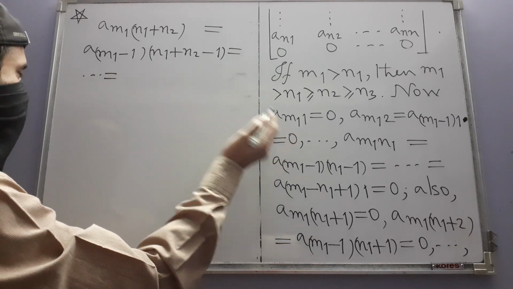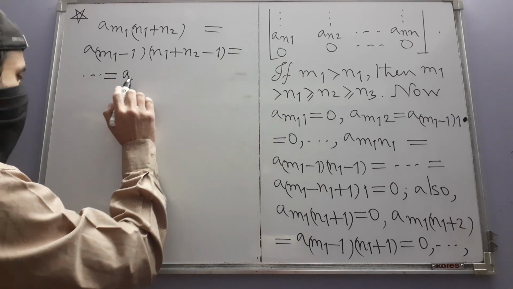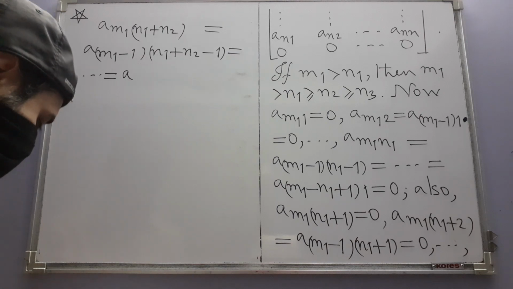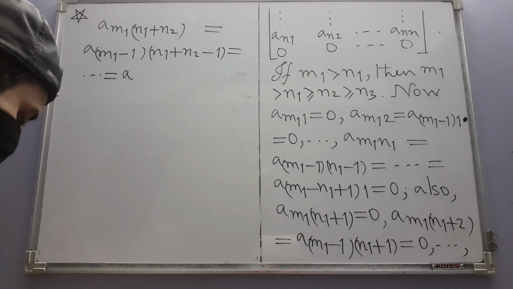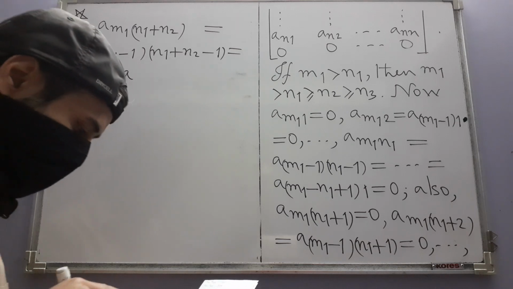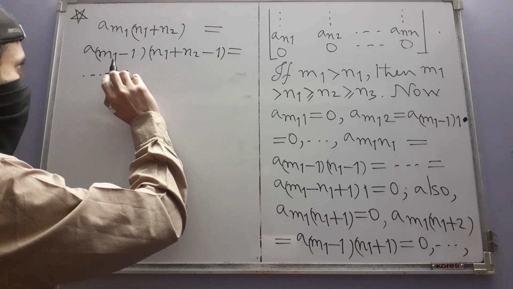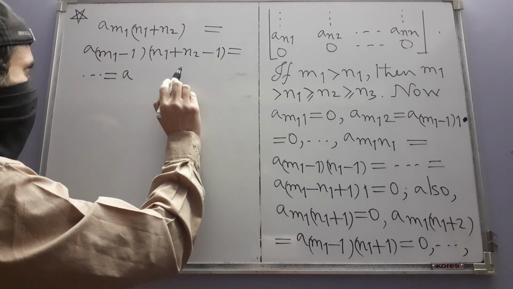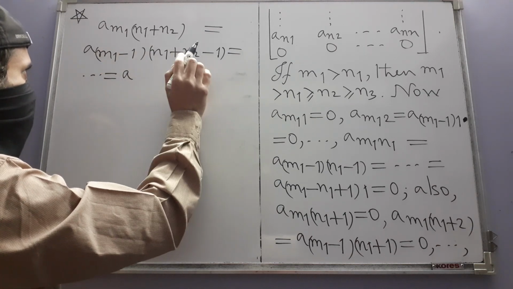n2 minus 1 you have to subtract. Let me check that I have written this correctly. I am subtracting n2 minus 1 from this to make it n1 plus 1.